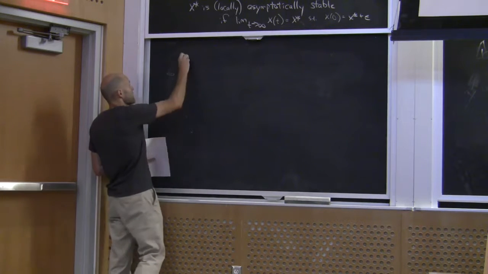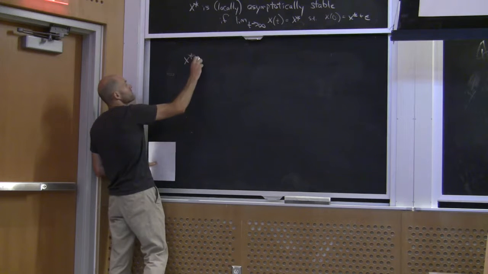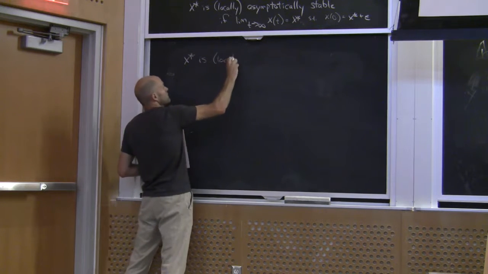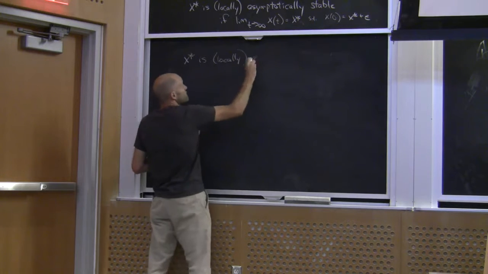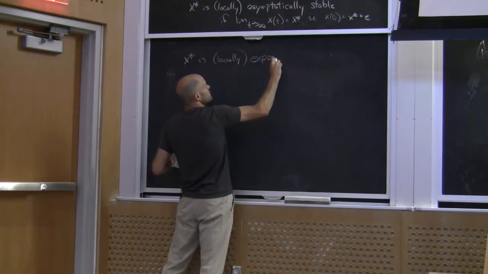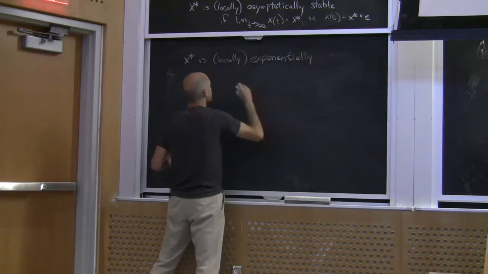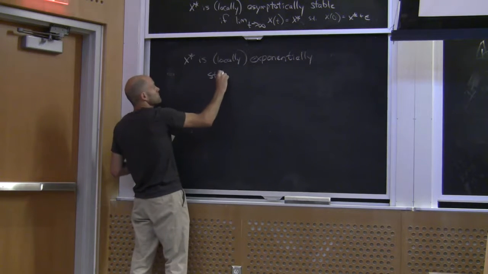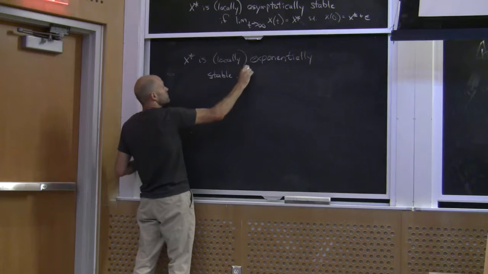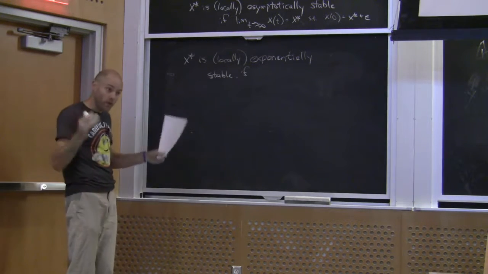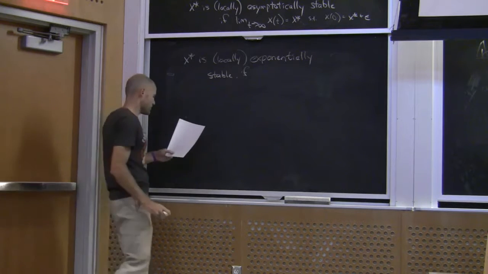So the last one we'll do here is x star is, again, locally exponentially stable. If we basically want to bound the rate of convergence, right?